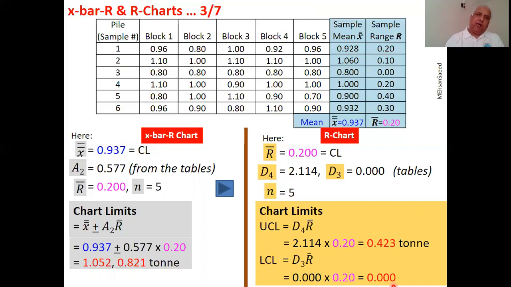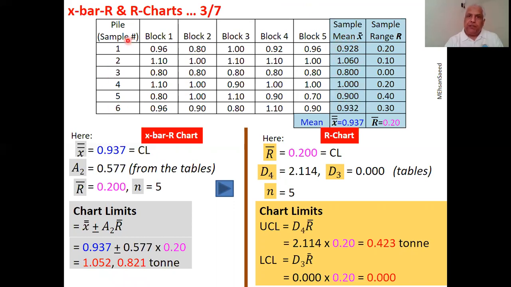Let's see how we now draw the chart, which is the next step. We have found the center lines of the two charts, the upper control limit, the lower control limit. So let's see how we draw the chart. For the shift chart, we will be plotting these figures, which are the sample means.